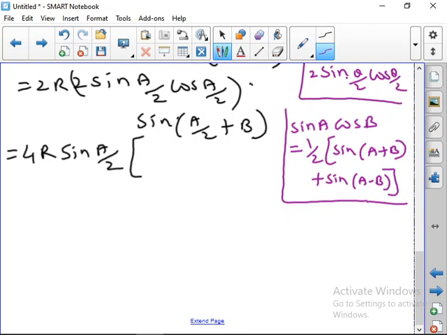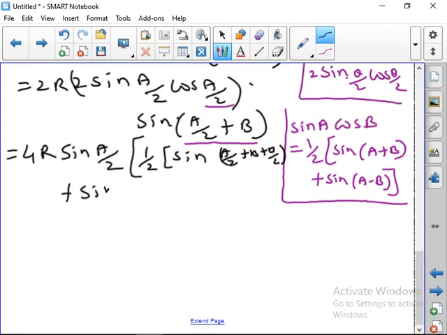So this is A and this is B. So what do we have now? 1 by 2 into sine A plus B, which is A by 2 plus B plus B by 2, plus sine A minus B, which is A by 2 plus B minus A by 2.